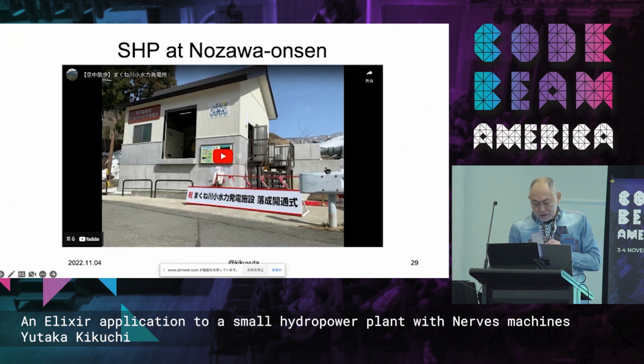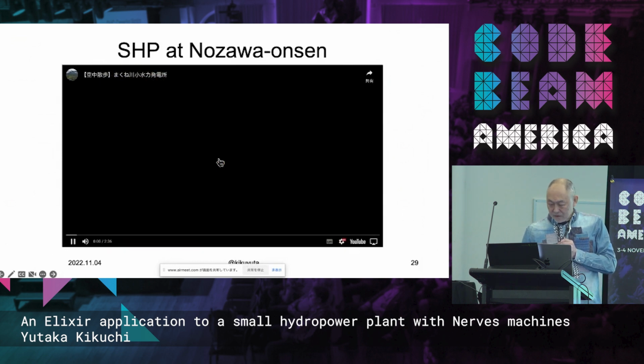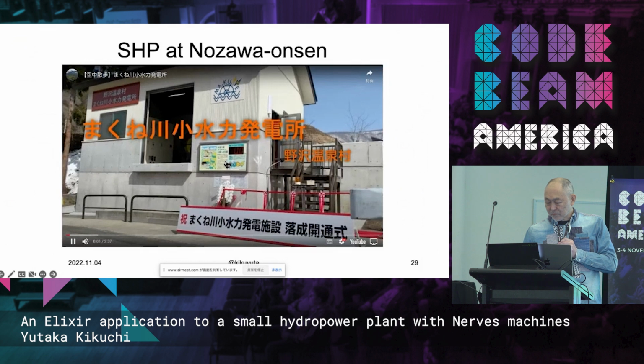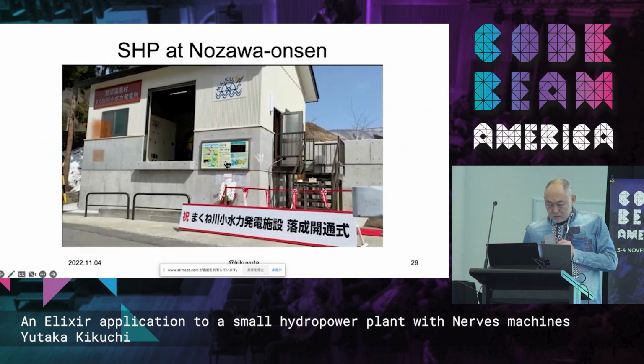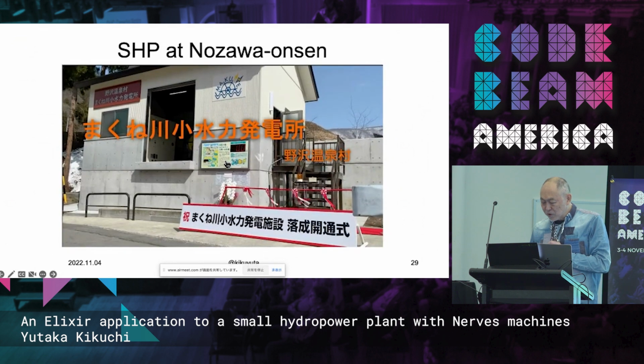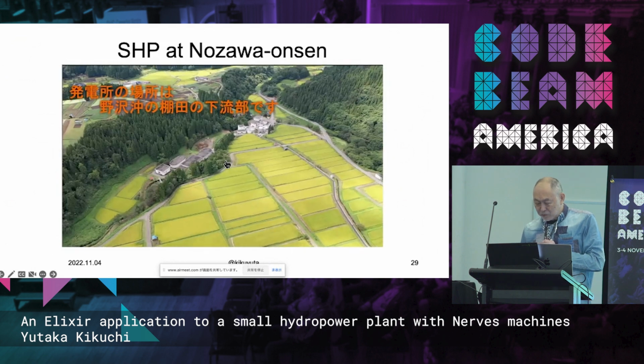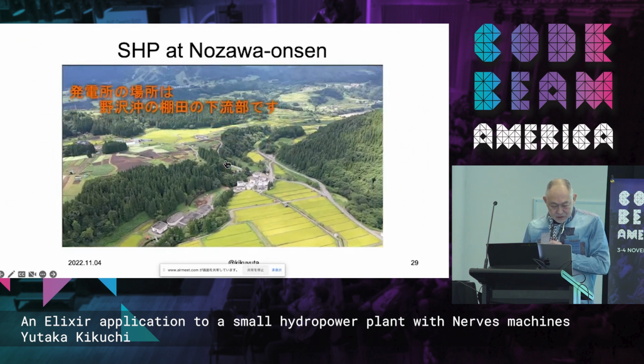This is an opening ceremony of the power plant in the afternoon of the 30th March this year. Watch the view from the sky around the small hydropower plant in the village.